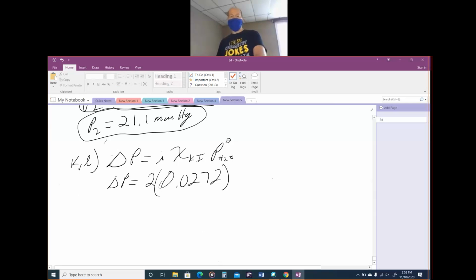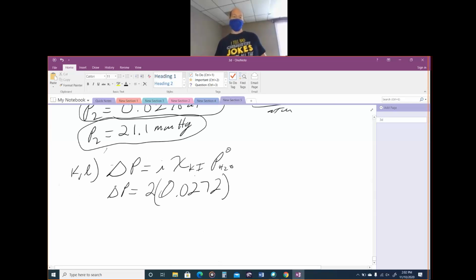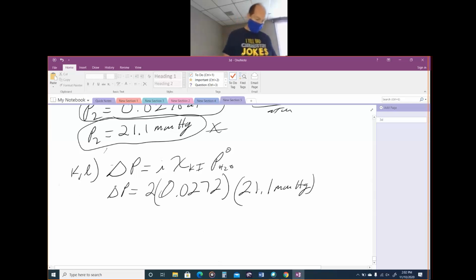And then the pressure of pure water at 20 degrees Celsius is right there. It is the vapor pressure of water, 21.1 millimeters of mercury. So when we multiply those together, we get 1.15.